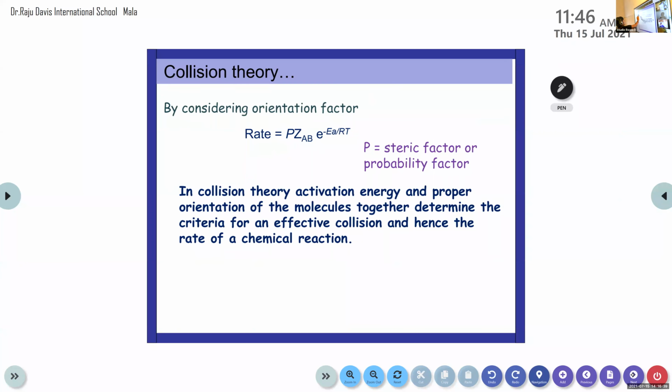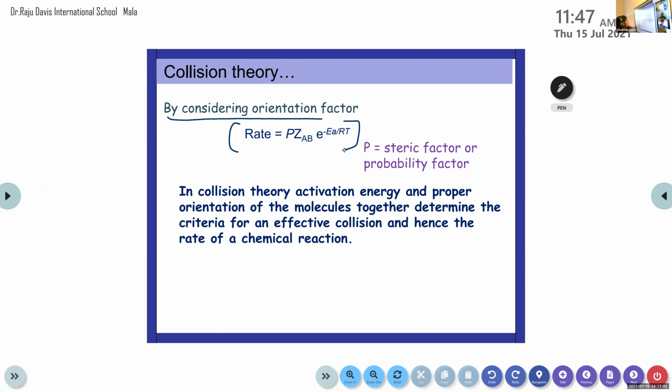Yes. So by considering this orientation factor, we just rewrite this equation. First we write: rate is equal to ZAB e raised to minus EA by RT.